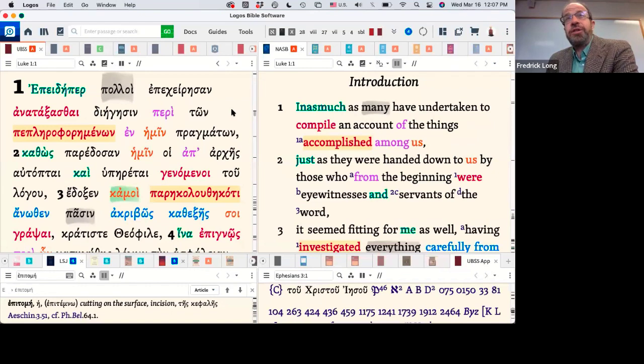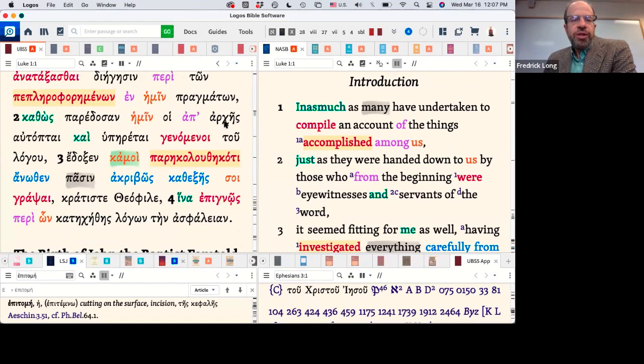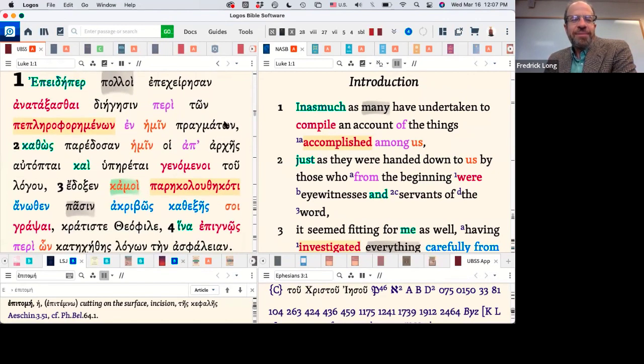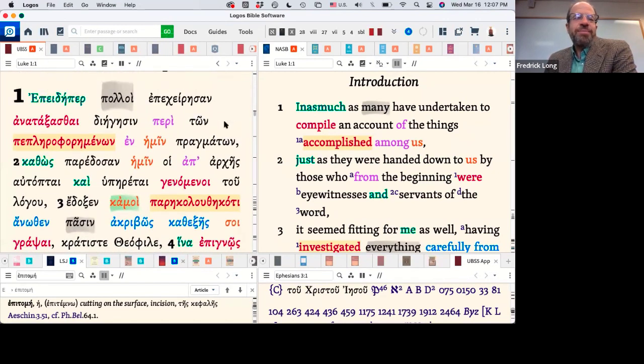Plus, it helps us recover some of the poetics and rhyming of the text. I'm not a real good pronouncer, so if you don't want to get too hung up on that, that's fine. We call Koine Era Pronunciation KEP.